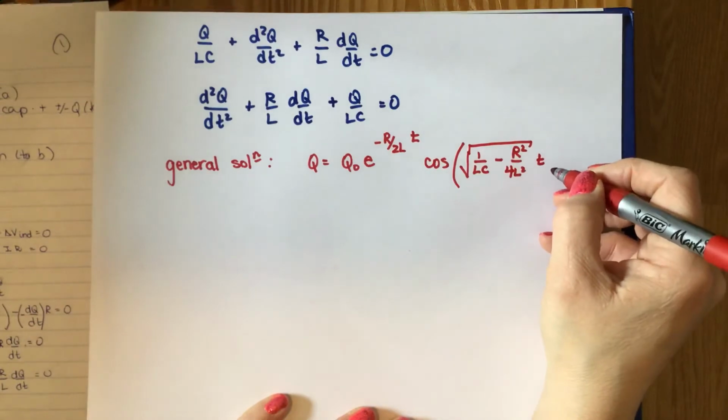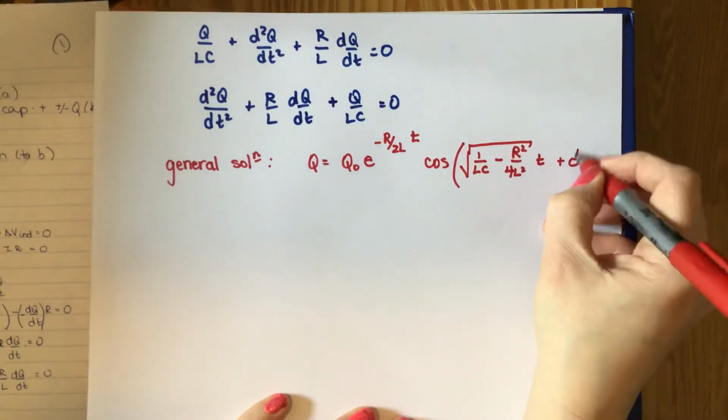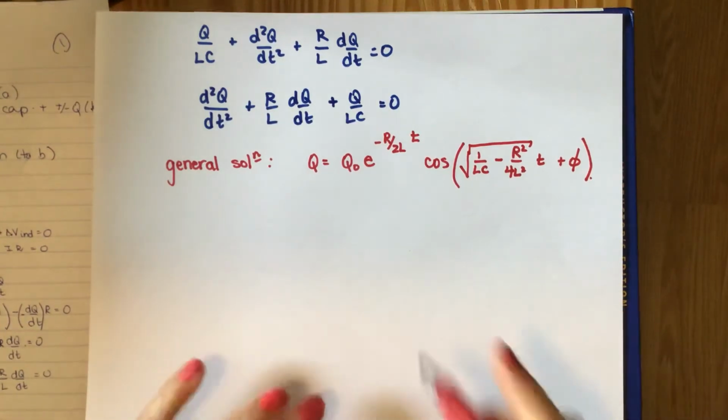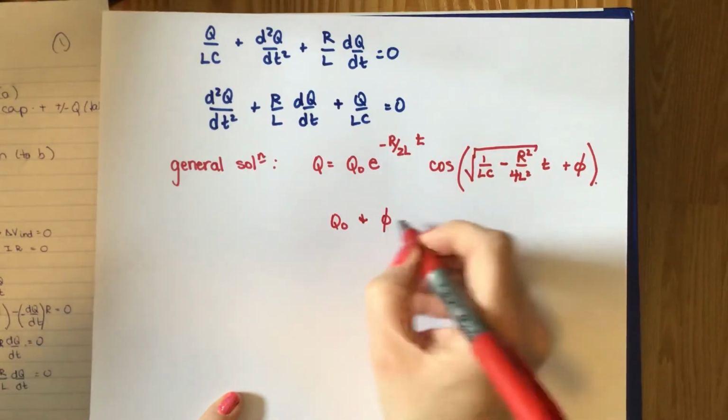And if you want to allow for some starting other than at the amplitude, you can stick a phase constant in there. In our previous solution, we didn't put in a phase constant, but since we're going general, let's put in our phase constant now. So Q0 and phi are constants.